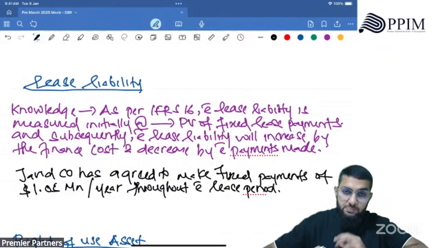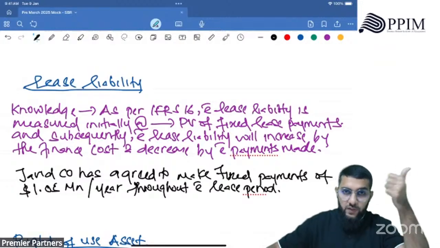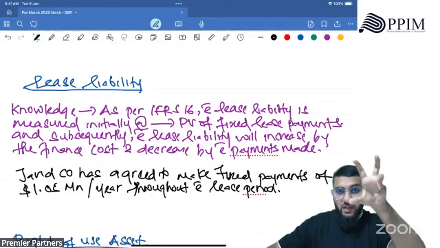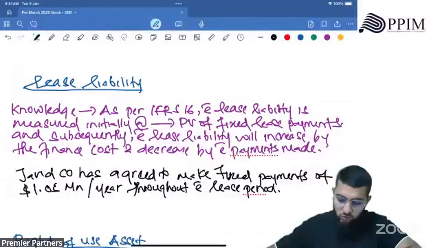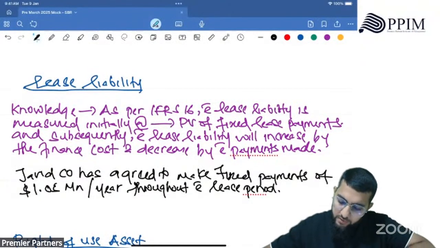Now, a fixed lease payment also considers fixed installments, plus they deduct the incentives also. Now there is an incentive here as well.